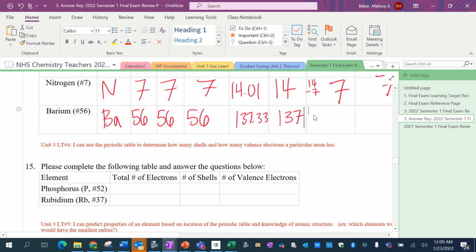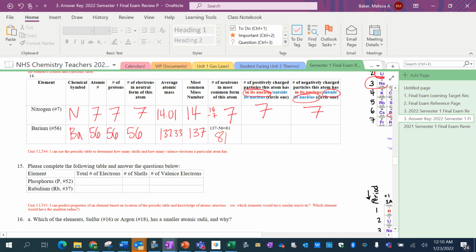And let's do some math here. 137 minus 56 is 81 neutrons. It would have 56 positively charged particles in its nucleus and 57. Oh, sorry, I'm making up stuff. I looked at the 7. 56 outside its nucleus.